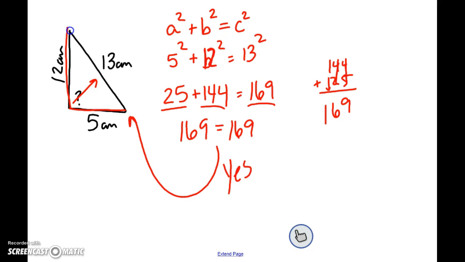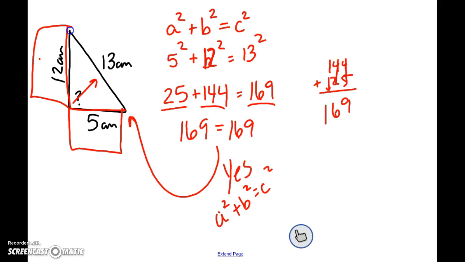Yes. Why? Because the side lengths actually fit the Pythagorean theorem, which is a squared plus b squared equals c squared. So the area of the square created on leg A plus the area of the square created on leg B is equal to the area of the square created by C. So I've just proven that that triangle is a right triangle.